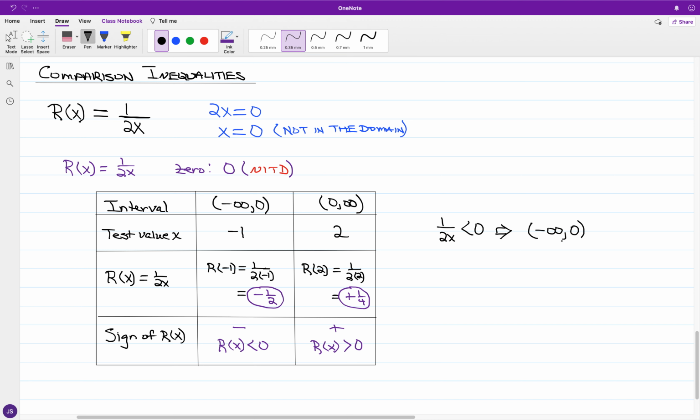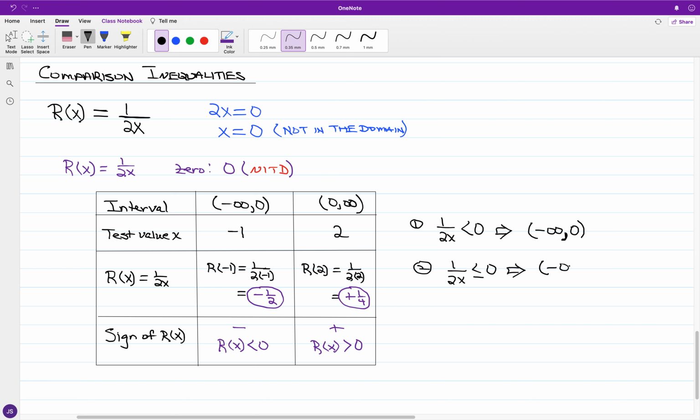So no equal sign, so automatically only parentheses will be used for grouping symbols. And if I had 1 over 2x is less than or equal to 0, now again you have going in the same direction as r of x is less than 0.